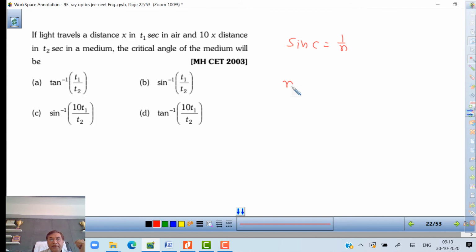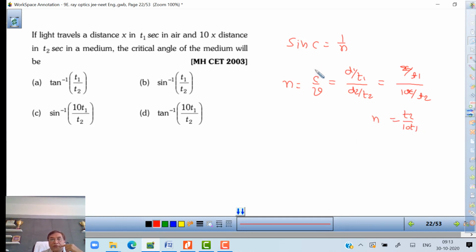So what is n? n is c upon v. What is c? Distance upon time, d1 upon t1, and velocity in the medium is d2 upon t2. d1 is x distance in time t1, and d2 is 10x in time t2. So x is cancelled, and you will get t2 upon 10 t1 as your n.